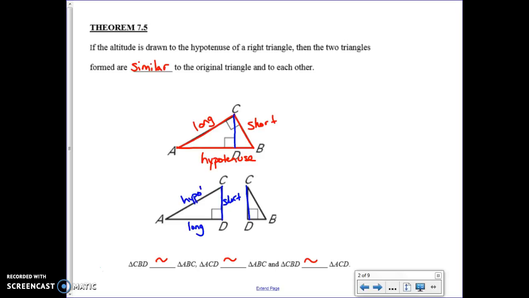So the hypotenuse of this triangle is AC. If you look back at the original picture, AC was the long leg of the big triangle. If we look at the one on the right, the CD that was the altitude is actually the long leg. BD is the short leg, and then BC is the hypotenuse.